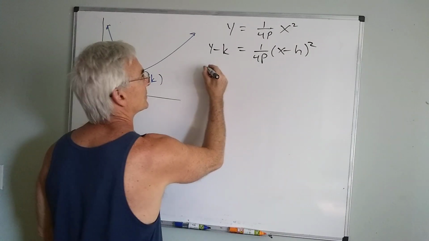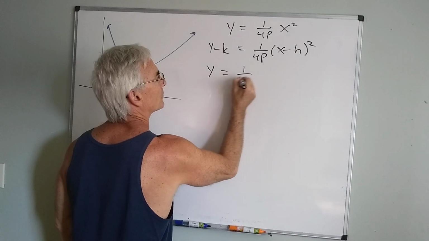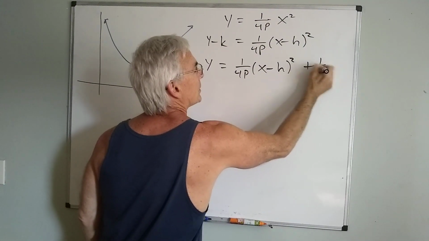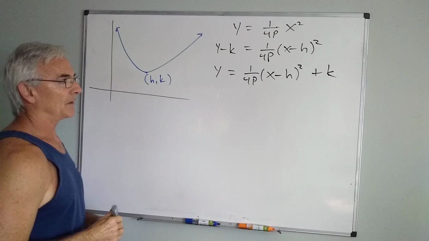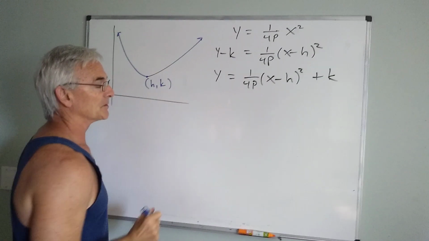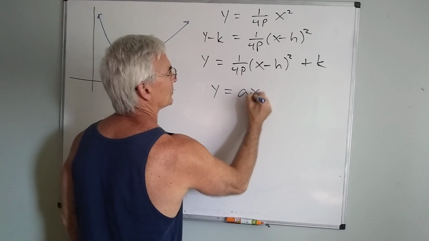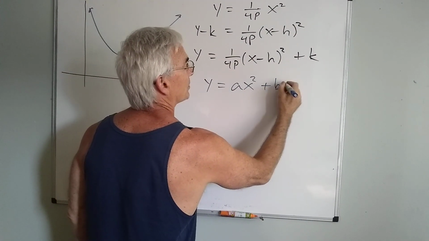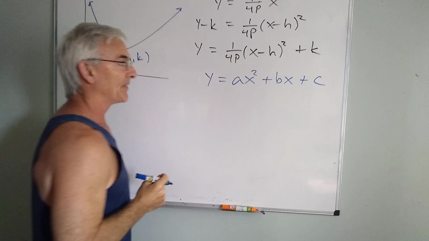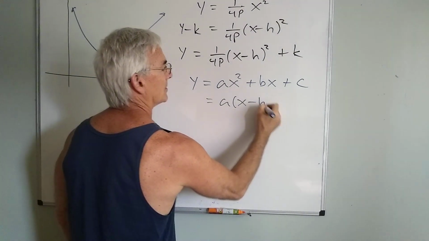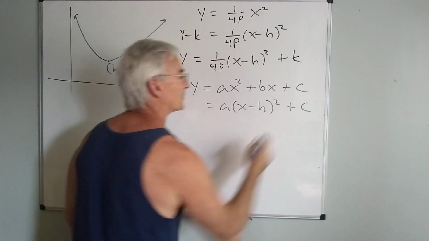Putting the k on the other side gives us y equals 1 over 4p times the quantity x minus h squared plus k. Now that form should look very familiar because the way we've always looked at parabolas is anything of the form y equals ax squared plus bx plus c, and when we put it into vertex form, if you remember from previous classes, we always wrote it in this form.